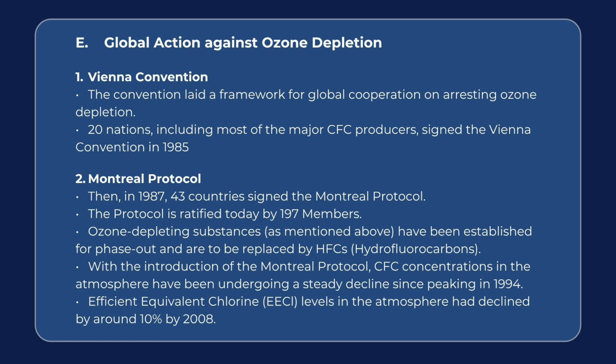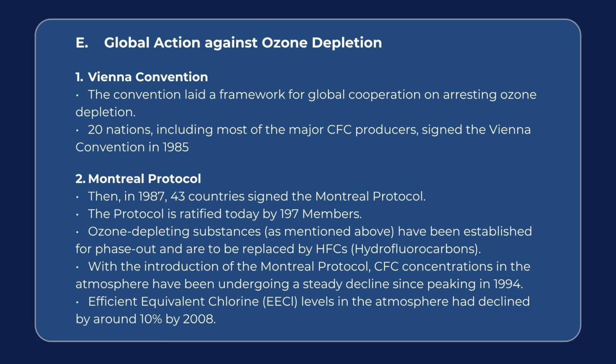Second global action is the Montreal Protocol in 1987. The Montreal Protocol is the binding international treaty that mandated the phase-out of ozone-depleting substances. Unlike the Vienna Convention, which was just a framework, the Montreal Protocol set strict legal deadlines to stop using chlorofluorocarbons and transition to hydrofluorocarbons.